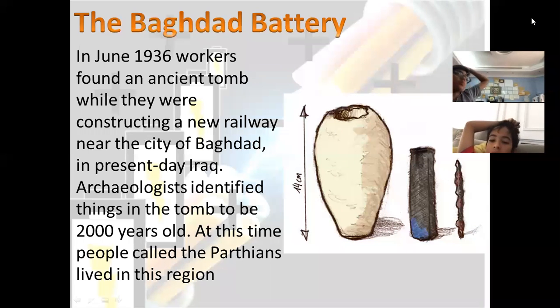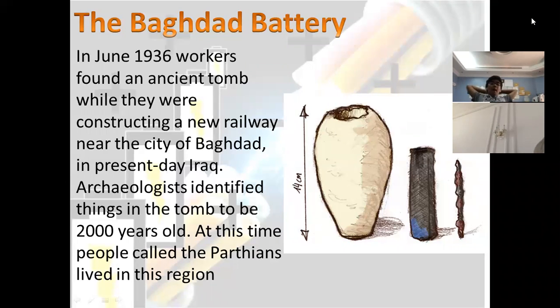Archaeologists identified things in the tomb to be 2,000 years old. At this time, people called the Parthians lived in this region. Parthians. All right. Thank you, Elias.